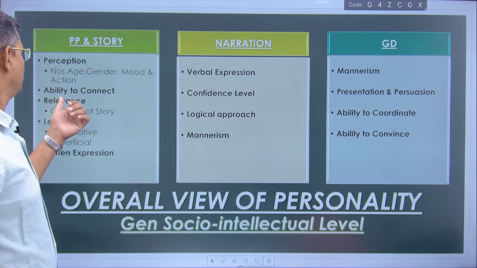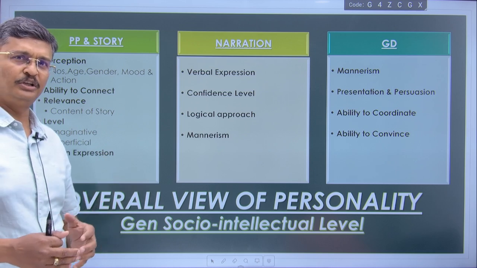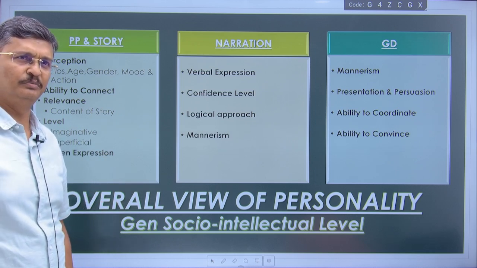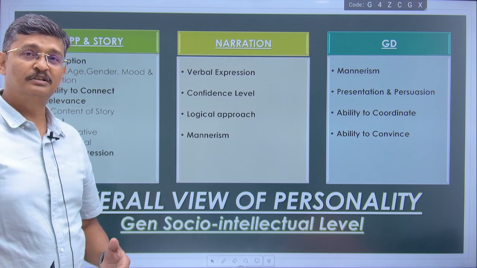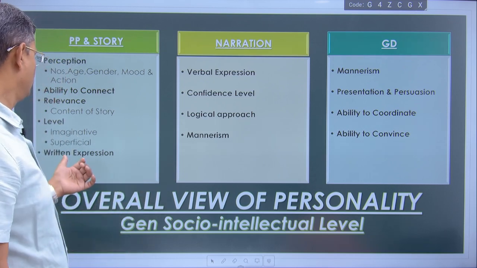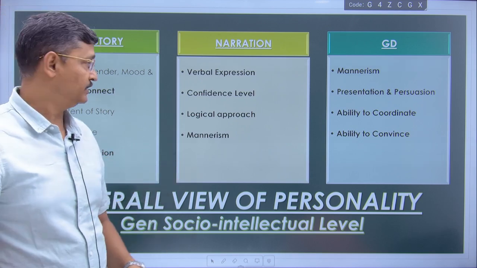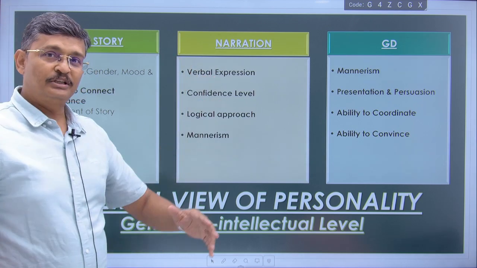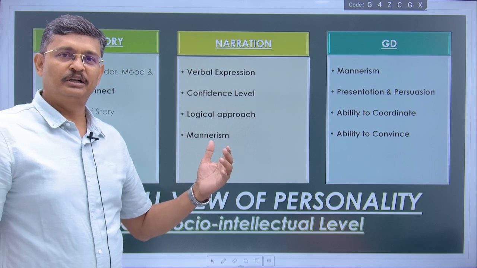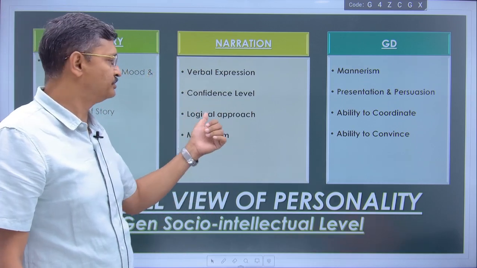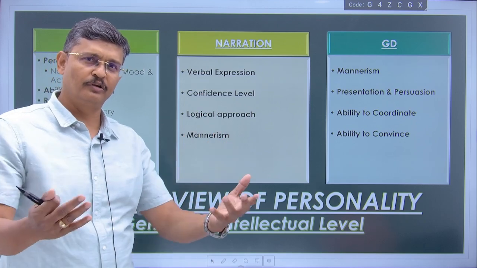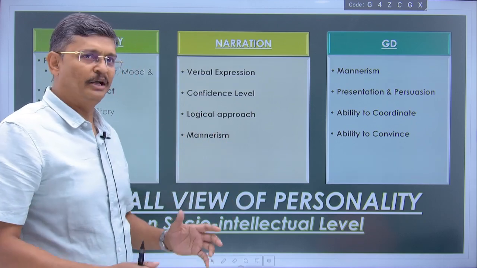Thereafter, your relevance, whether your story is relevant, the content shows the relevance to the picture. Thereafter, the level, whether your story is imaginative or just superficial, and thereafter your written expression gets seen in that. When you come for the discussion part, first is your individual narration, where your verbal expression is seen, your confidence level, your logical approach, how you're going about giving out your story, and thereafter your mannerisms.